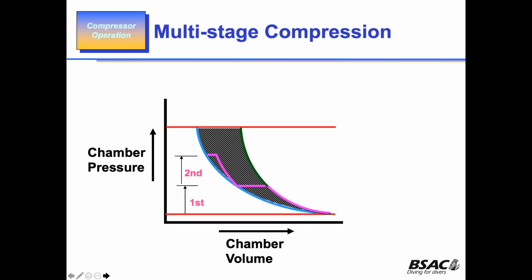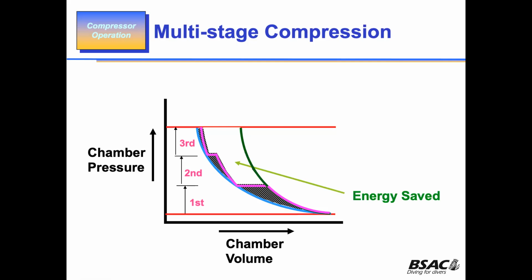Then we put it into the third stage, and we take it up in the third stage to our final chamber pressure. If you look at that now, that's all the energy that you've saved.